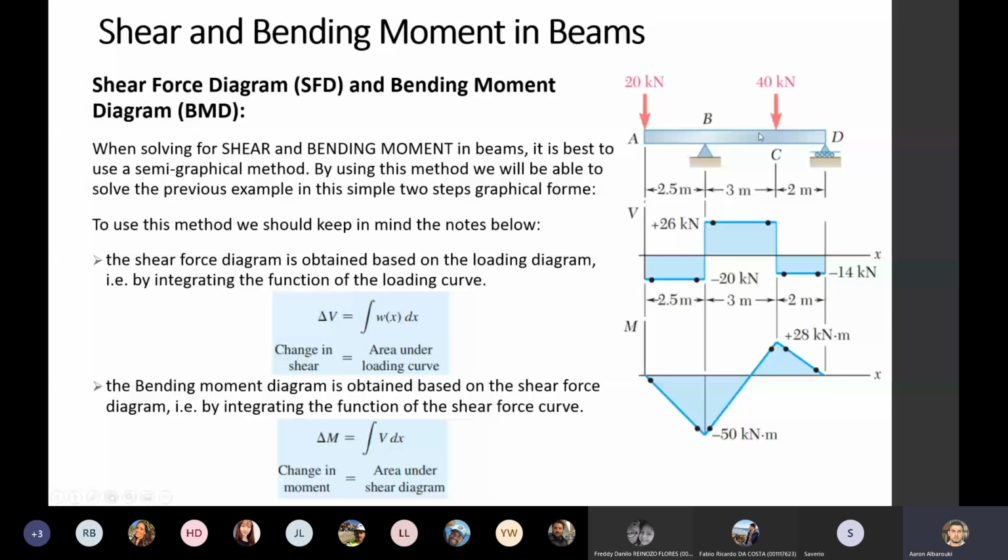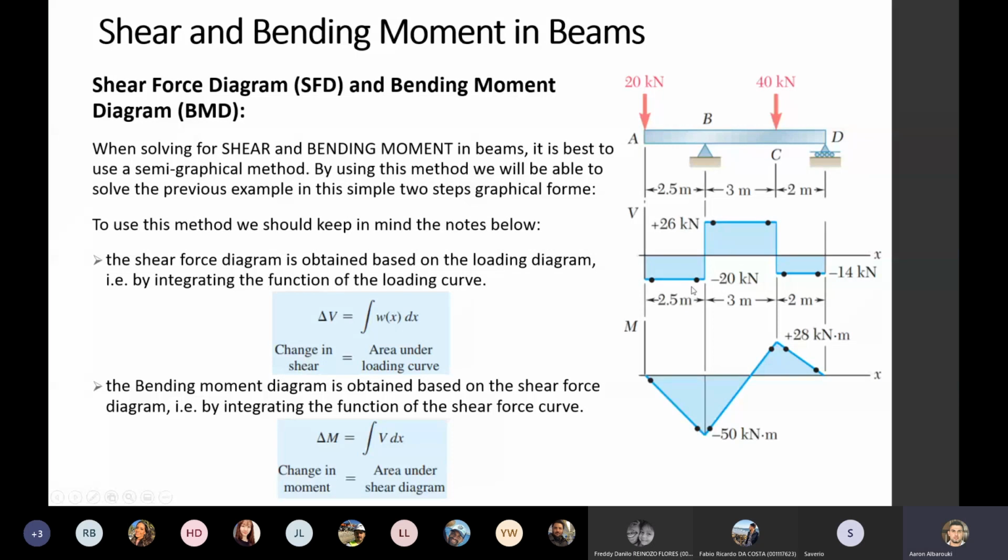So the first rule tells us, if I have a downward concentrated force, the shear force diagram will dip, that means it will go down by the amount of force and in the same direction. And if I have an upward force like the reaction here, the shear force diagram will jump, go up by the amount of the reaction.